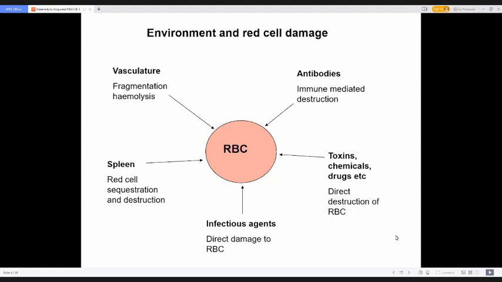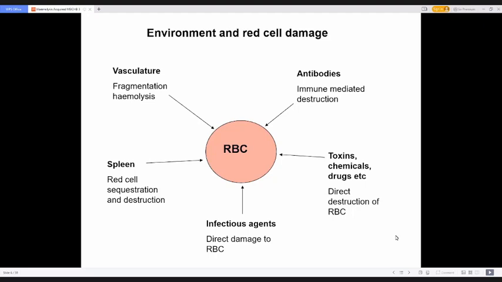Then remember, we talked about the spleen. When it is enlarged, red cells can sequestrate into the enlarged spleen. And remember, when red cells sequestrate in the spleen, they are subjected to environmental and macrophage challenge, and the ones that are not able to survive will be sequestrated and destroyed within the spleen. Right?